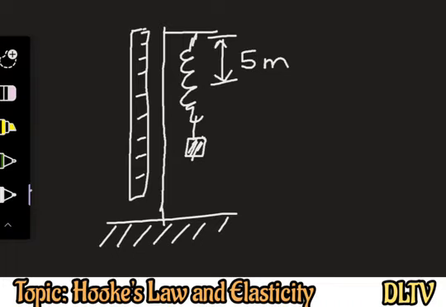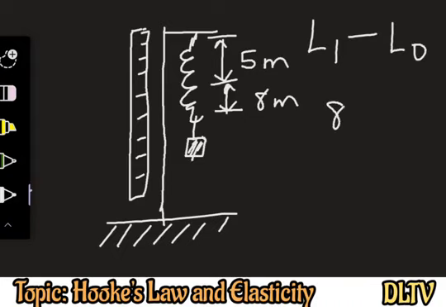Then when the weight was added, the length of the spring became 8 meters. Now, what is the extension? The extension is the difference between the new length, which we can call L1, and the original length, which we can call LO. The new length is 8 meters and the original length is 5 meters, so the extension is what? 3 meters.